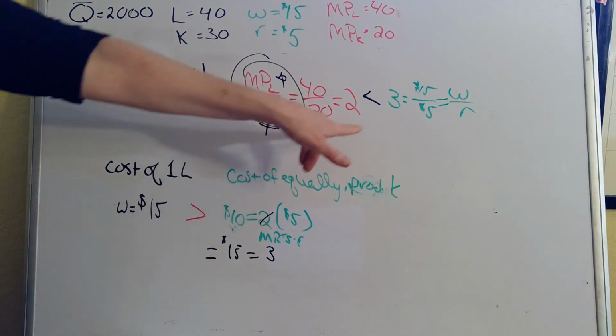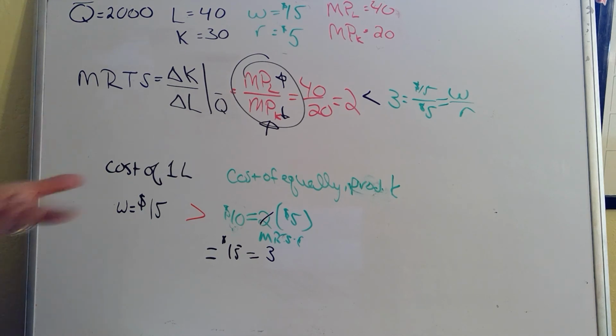But as long as these are different, you can lower your cost of production by replacing the input that's more expensive with the input for which an equally productive amount of the input is cheaper.